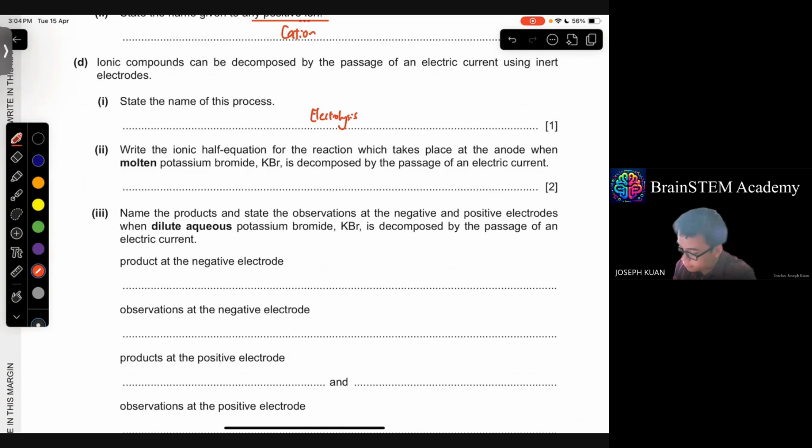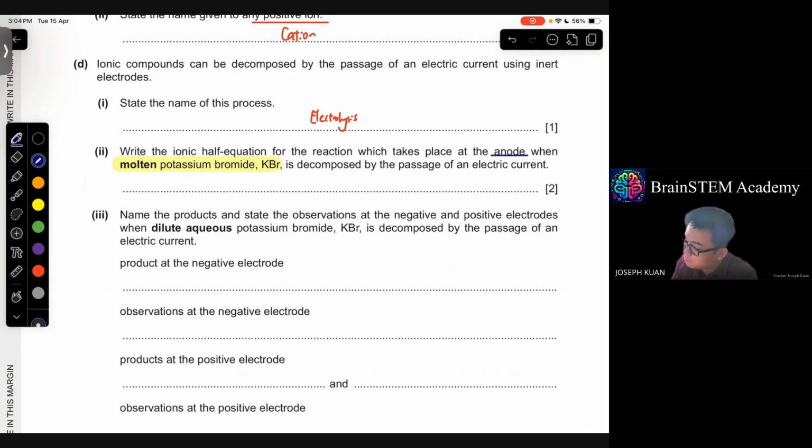Write the ionic half equation for the reaction which takes place at the anode when molten potassium bromide is decomposed by the passage of an electric current. Given that we are doing a molten ionic compound, the ions will get discharged without any competition. The anode is positively charged, so it will attract anions from the electrolyte, in this case the bromide ion.